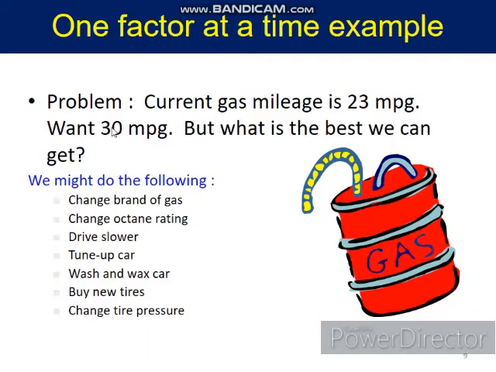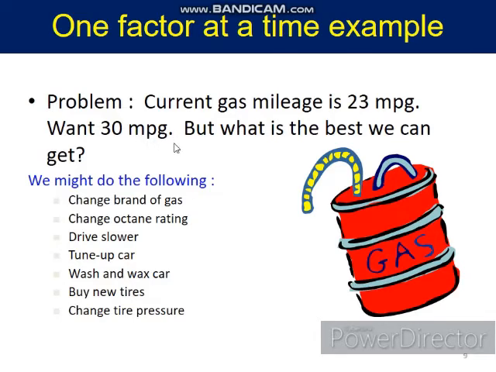You want it to be 30 miles per gallon, but what is the best we can get? So for this experiment, you want to maximize the miles per gallon you can get out of a car. This is a maximization problem. So you need to understand what the objective is.